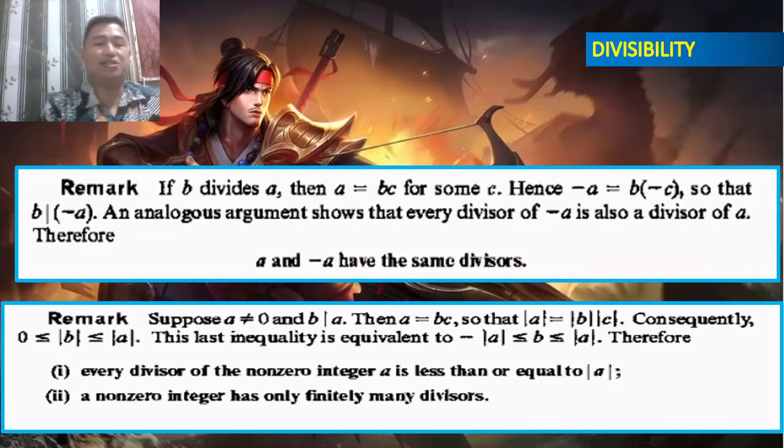Remark: suppose a is not equal to 0 and b divides a. Then a is equal to bc.